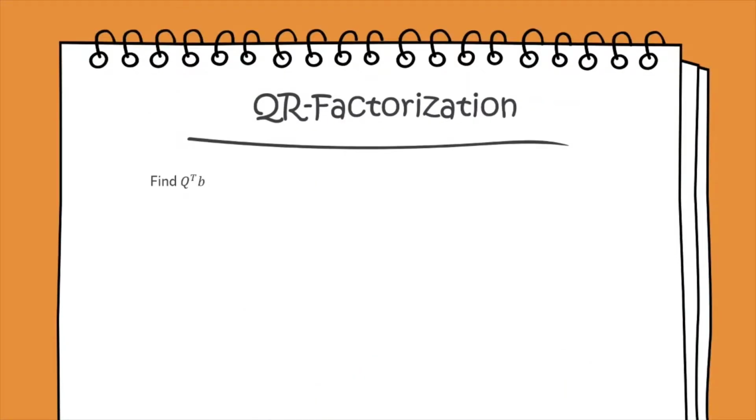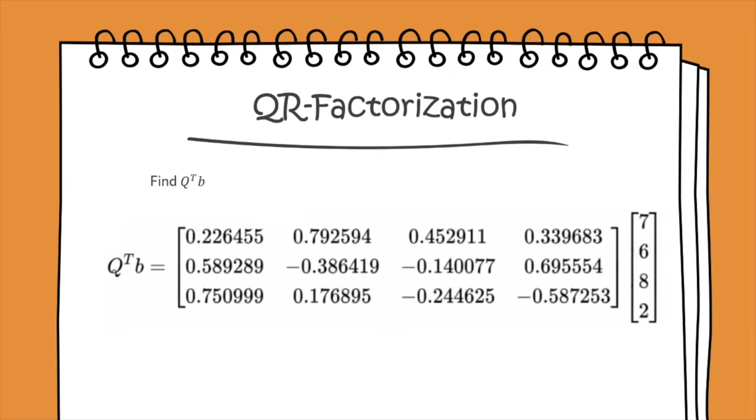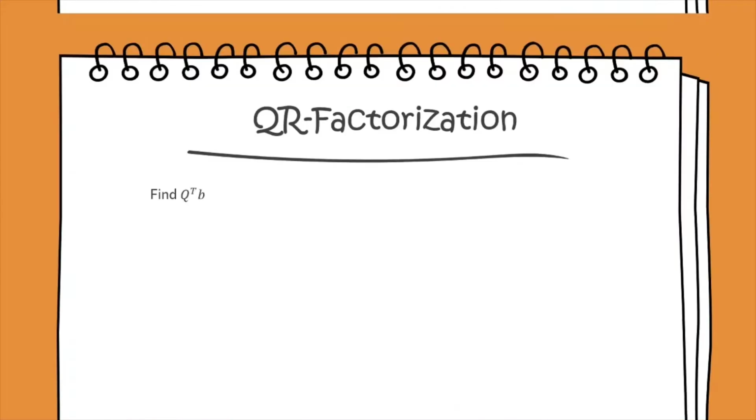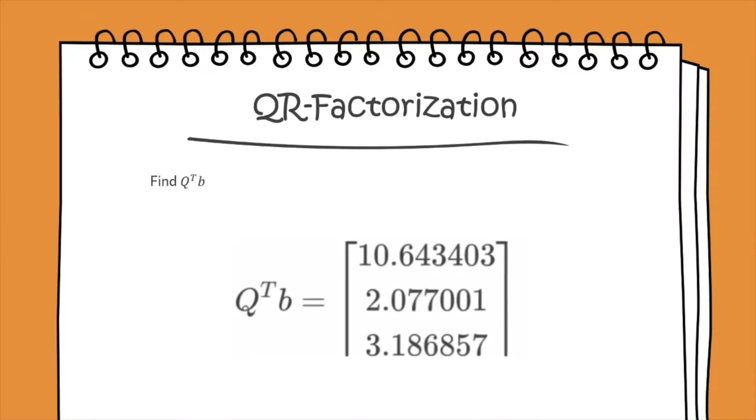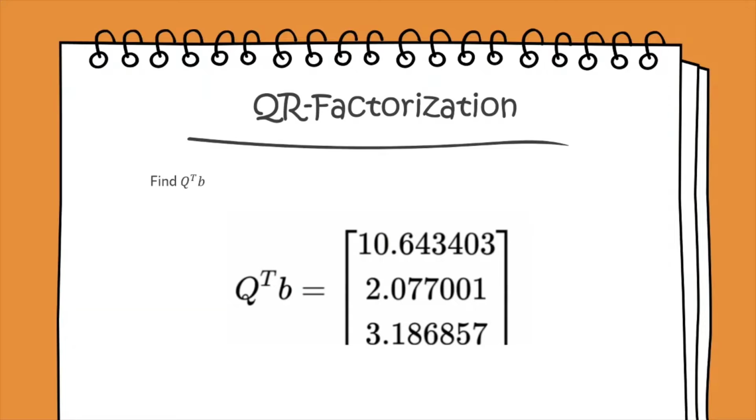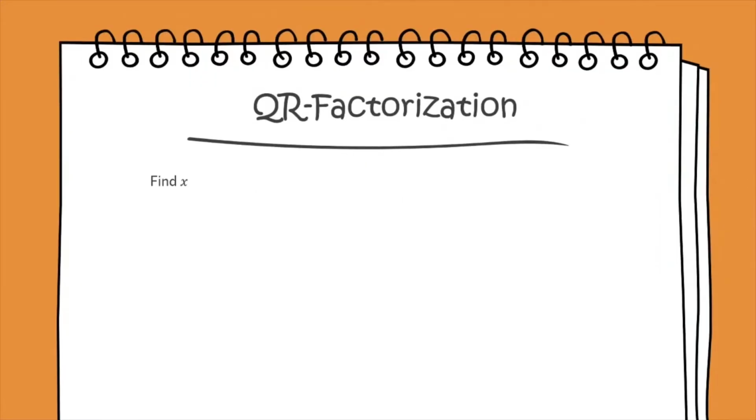And after that, we need to find our Q transpose multiplied with B. So Q transpose, substituted with matrix Q transpose with matrix B, and we get our Q transpose B. And finally, we can get our x by using this formula.